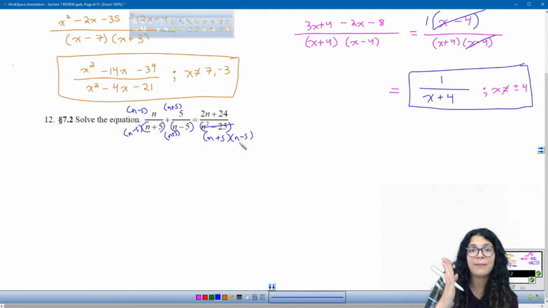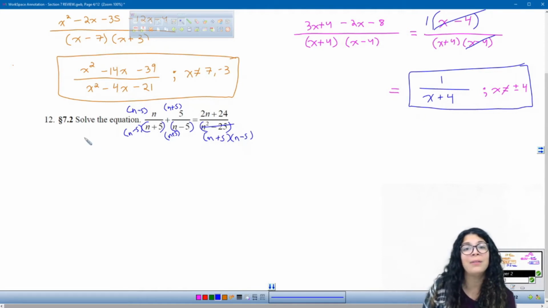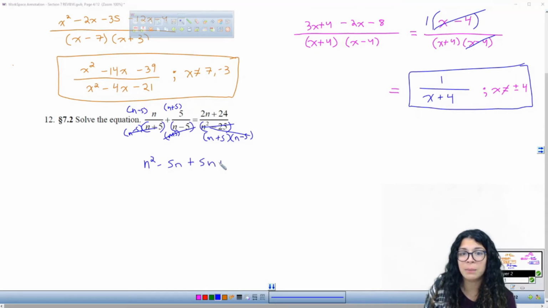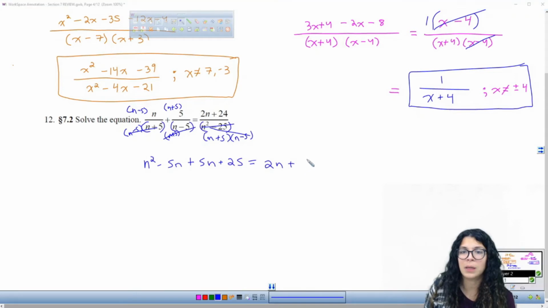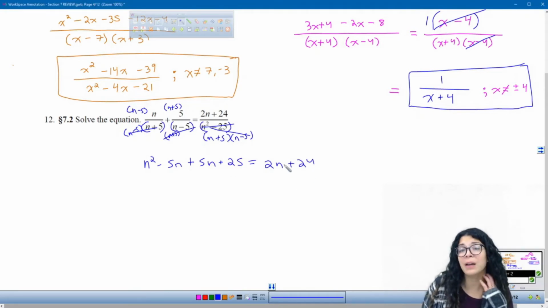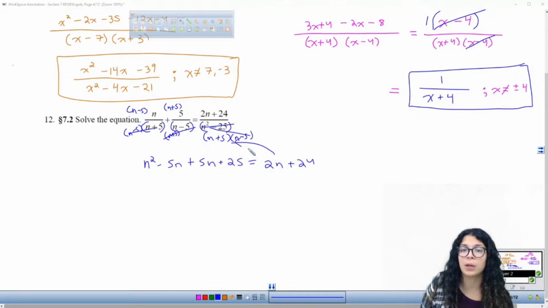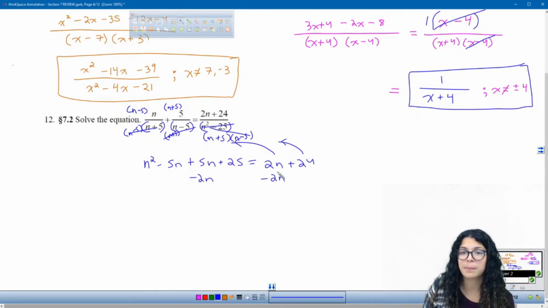So essentially, if I multiply both sides of the equation by that denominator, it'll cancel it on every term. So that will give me n times n minus 5, which would be n squared minus 5n, plus 5 times n minus 5, which would be 5n plus 25, equal to 2n plus 24. Then from there, I could bring over both of these terms by subtracting them on both sides.